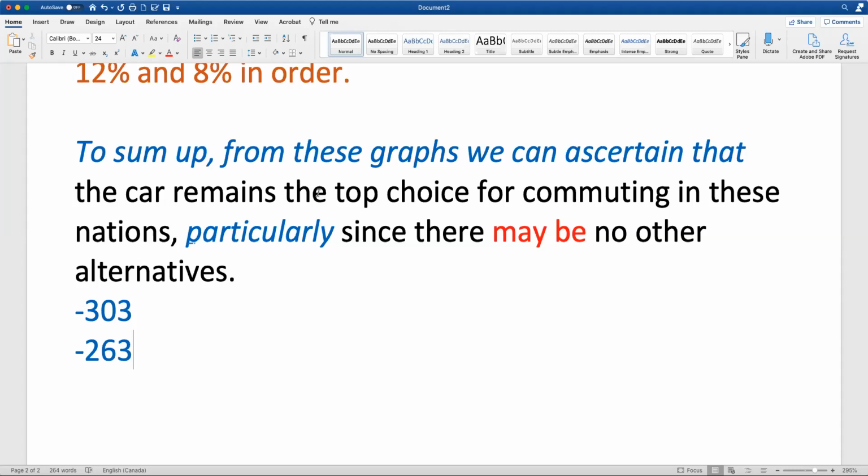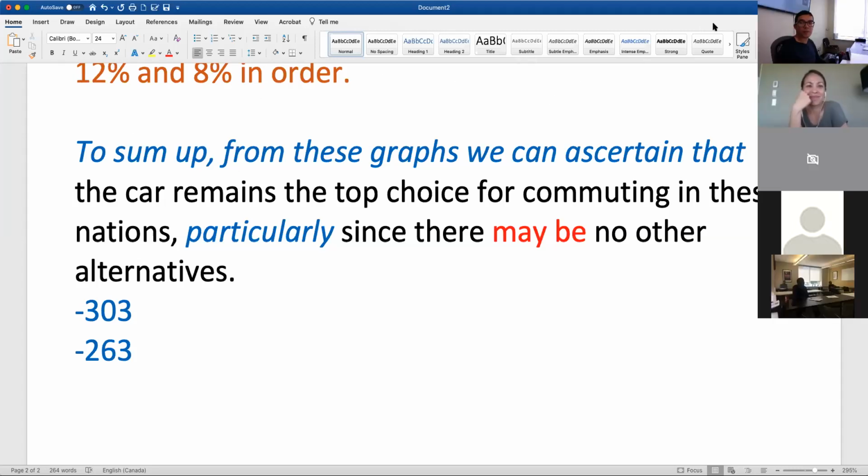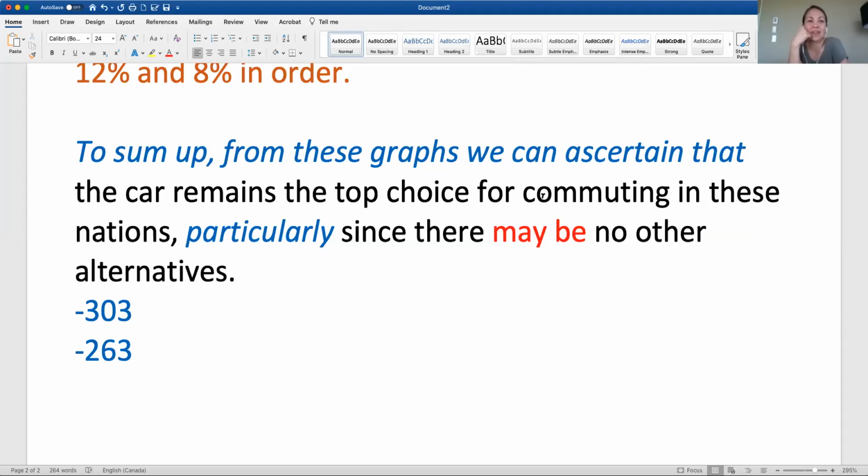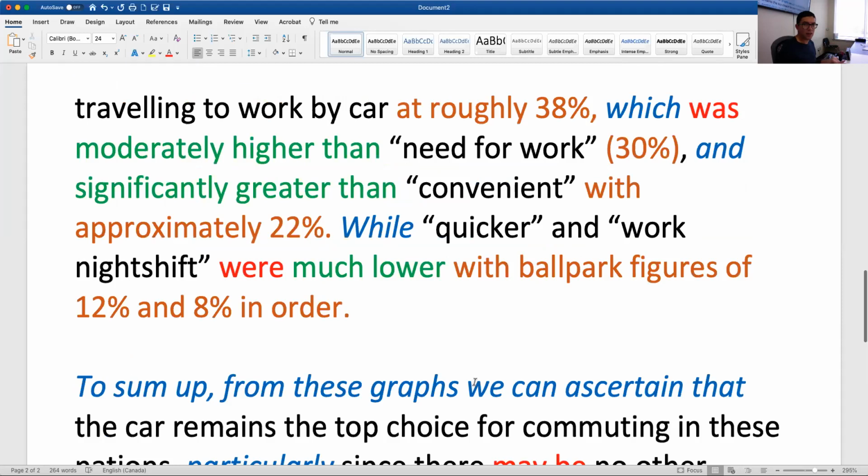Right, Mabel? Yes, and the first time when I did my test for my level, I couldn't do that about the graph. Because I said I don't have vocabulary for that. Yeah, it's just about finding the ways to express the ideas.